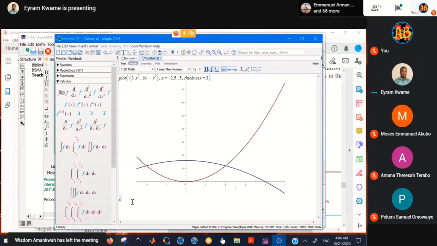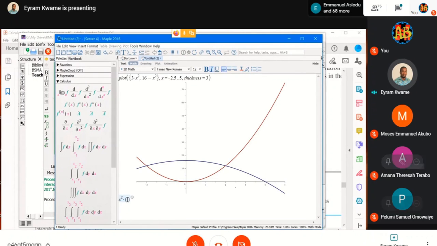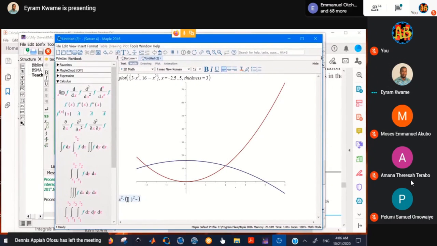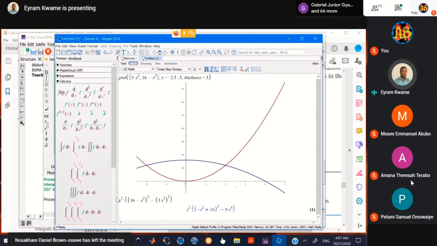So I have x squared times this whole bracket, minus 3x squared all squared, and in this bracket, 16 minus x squared all squared. Simplify, asking Maple to simplify this for me.